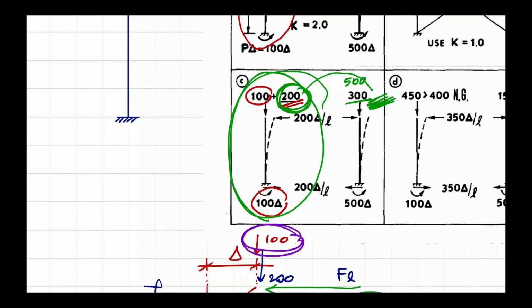So if you have extra capacity, this extra capacity of the column in the same frame can be used to stabilize the other columns which are under the higher load, so that produces the stability to the frames in the same system, in the same story.